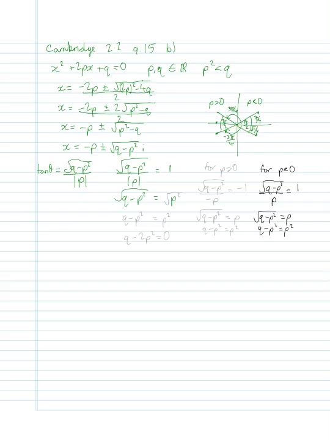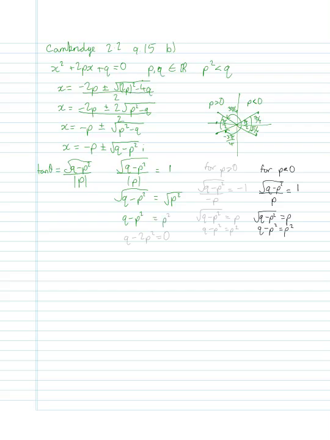So in a sense it doesn't really matter, because the expression up here, the square root of (q minus p) squared over mod p, or absolute value p, equals 1, works for both equations at the same time. So what I've done there is basically combine all of them and mean that in both cases (q minus 2p) squared equals 0 works.